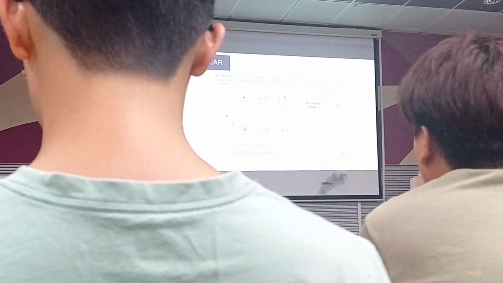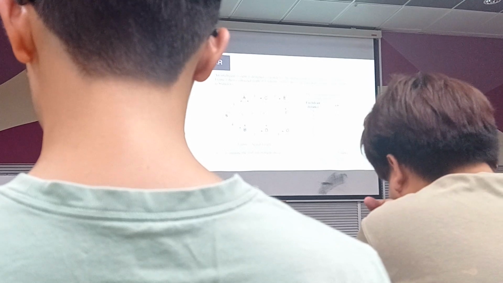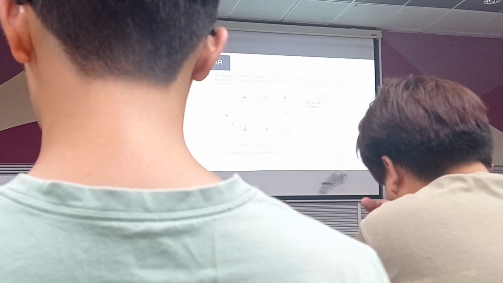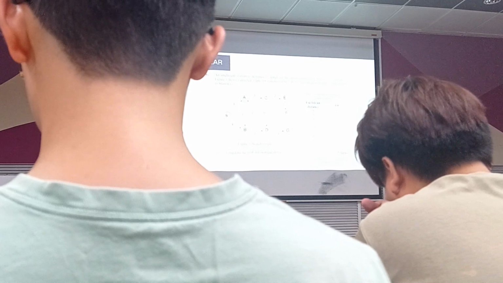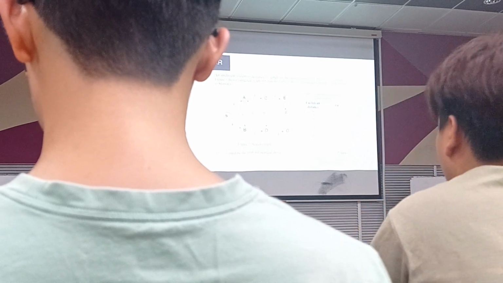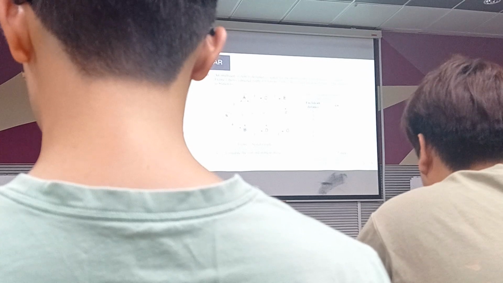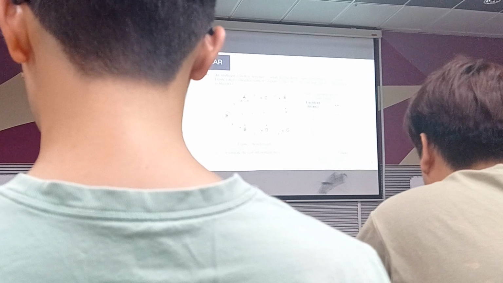State space is basically all the possible paths starting from the initial state, right? So I'm going to draw the state space here. Let's say we start with S. S, you can go to A and B, right? Let's look at A first.